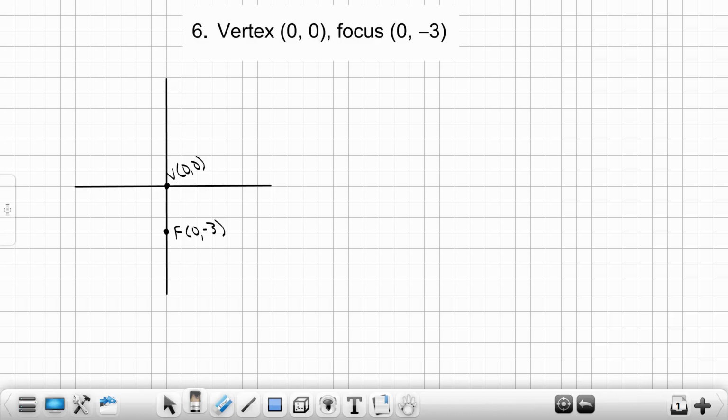Okay. So since it is vertical, it's y equals a(x minus h) squared plus k. We're using that. But we've got h and k. What are our h and k? 0, 0 is the vertex. So we need to figure out our a. So what do we set 1 over 4a equal to? 3.